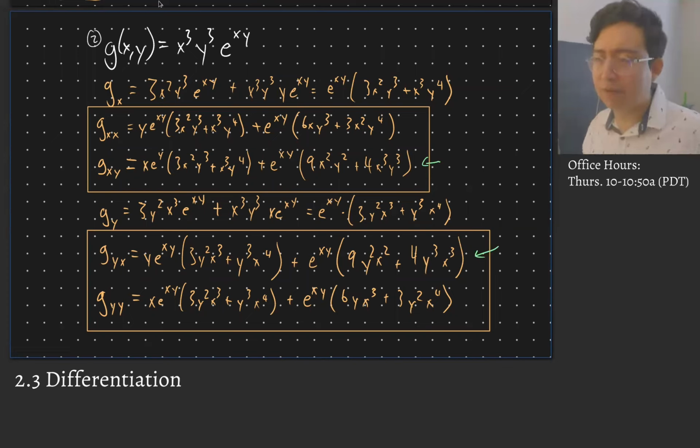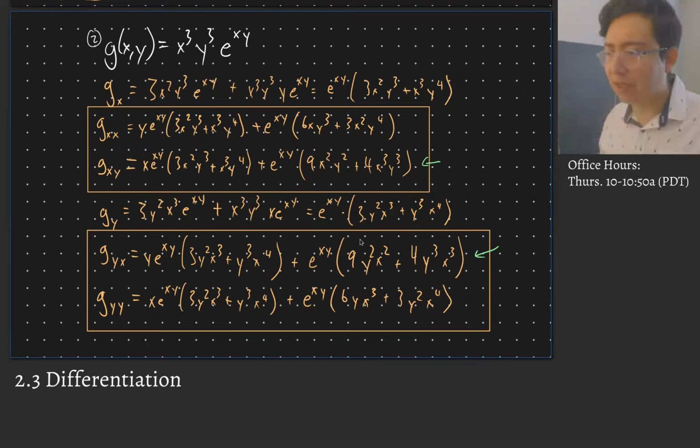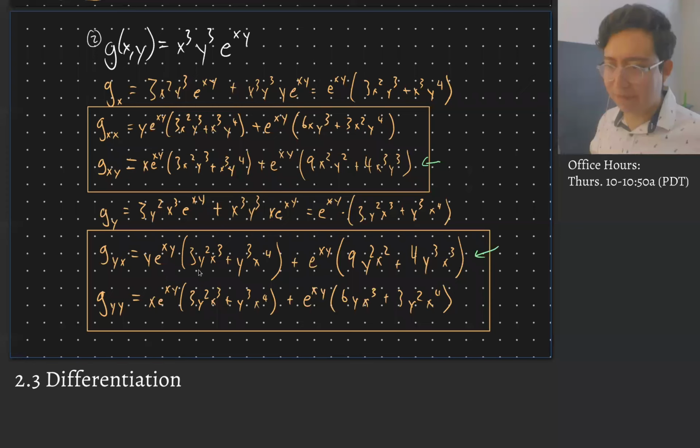But first of all, I have a silly typo up here. There should be an x there. But second of all, even if I fix that typo, it's not completely clear that I've gotten the same thing. This term and this term look the same. Okay, that's fair. But this term looks very different from this term. There's a y there and an x there. Maybe we messed up or something.